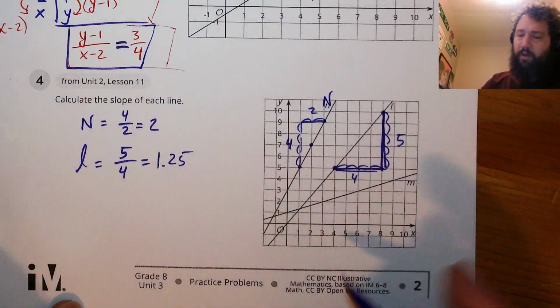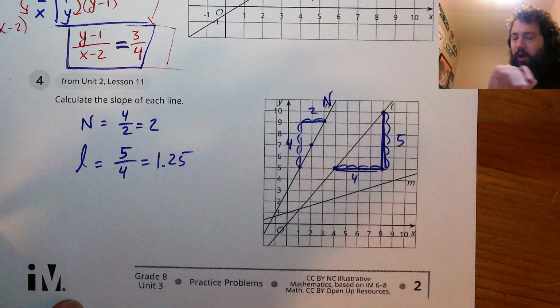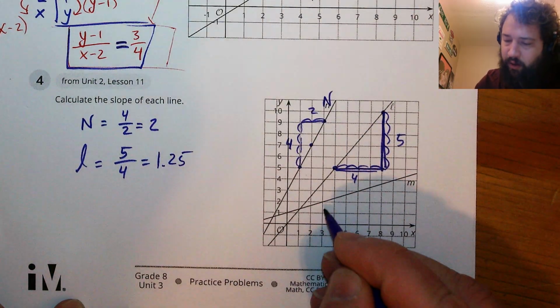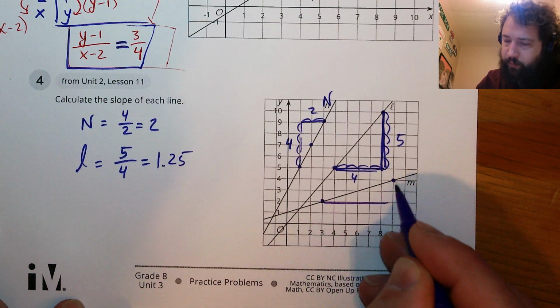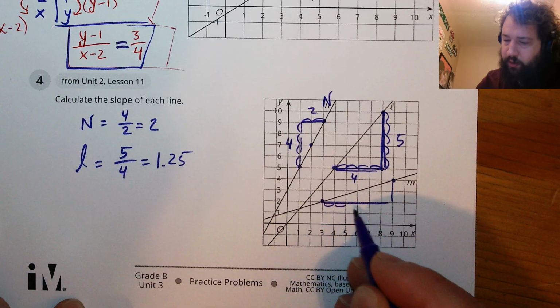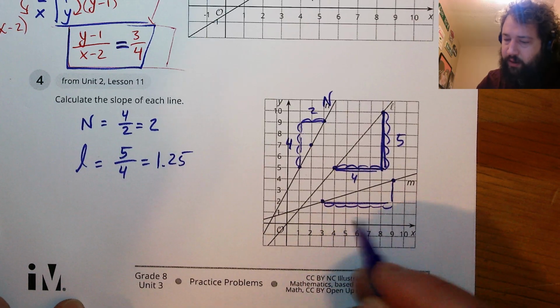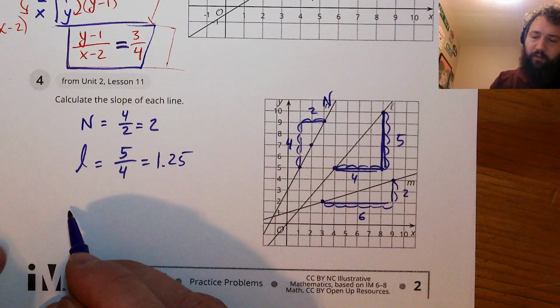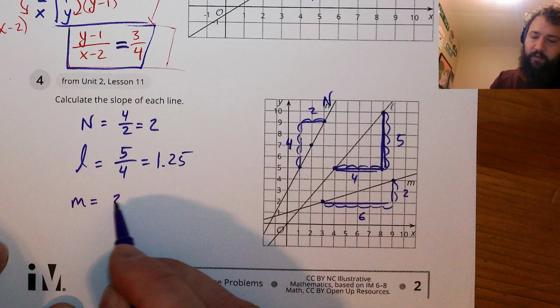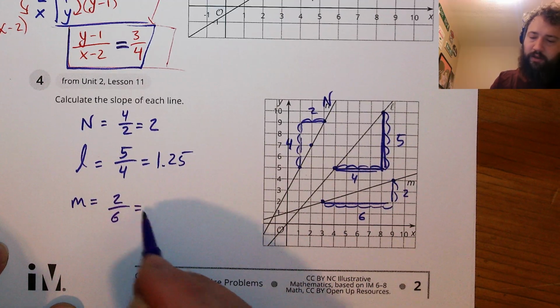And then M is going to be the lowest slope of them all because it's low here. Find some good points. 1, 2, 3, 4, 5, 6, and 1, 2. So that'll be a rise of 2 over 6.